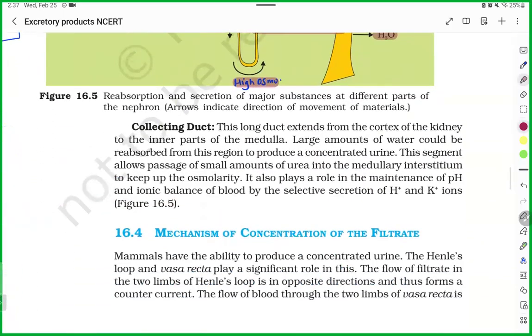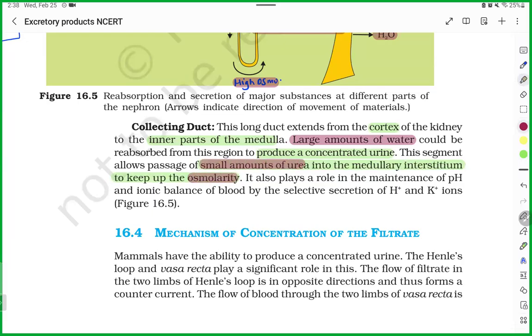Last is the collecting duct. The long collecting duct extends. It starts from the cortex and goes to the inner part of the medulla. And this is responsible for huge water reabsorption, and responsible for the ultimate clearance of urine. Correct. A small amount of urea also enters into the medullary interstitium to maintain the osmolarity, to maintain the concentration.